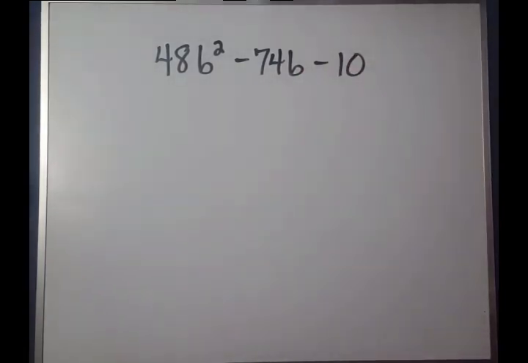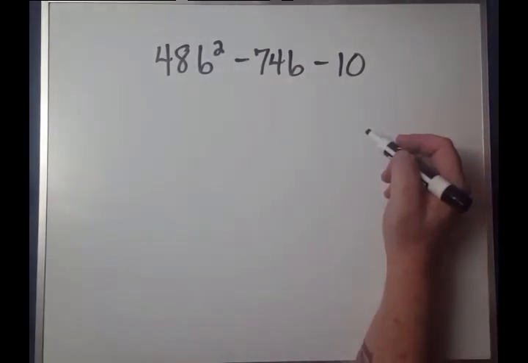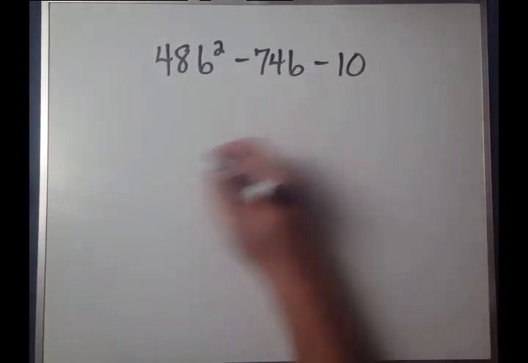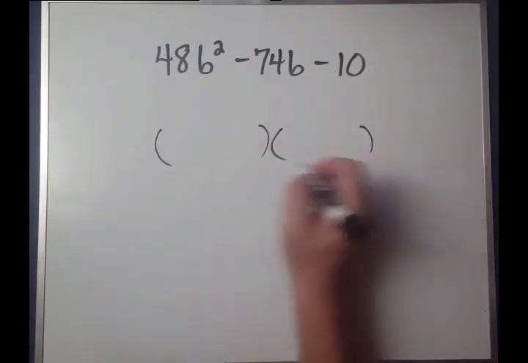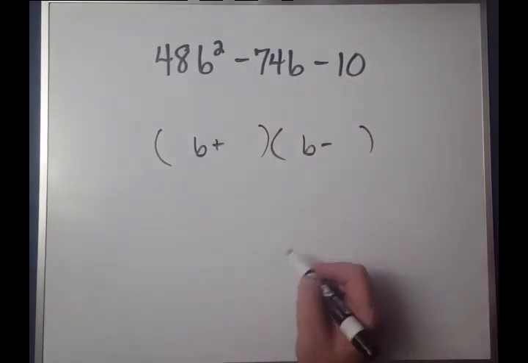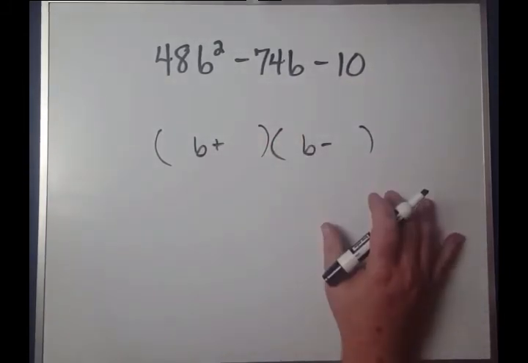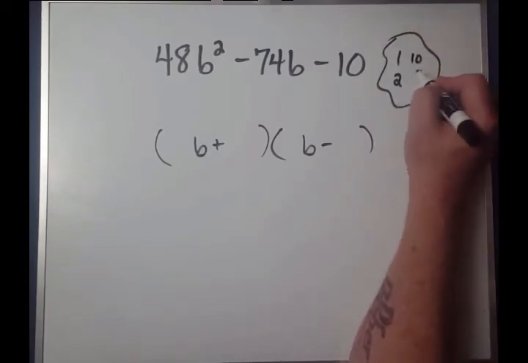Now don't write this down, because I'm about to erase what I'm about to write. If this factors, it will factor as a pair of binomials, each starting with some b term. Signs are opposite. Everything I've written is guaranteed. This 10 could be a 1 and a 10 or a 2 and a 5.